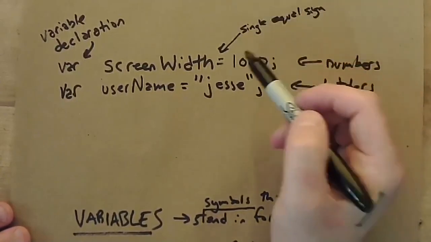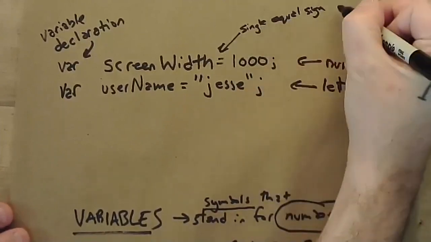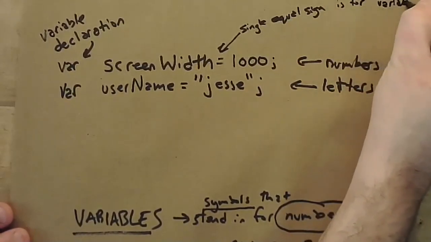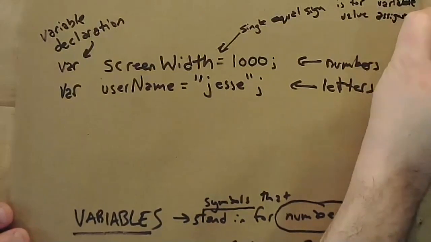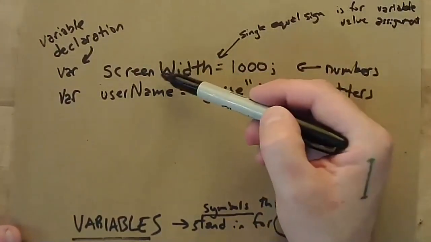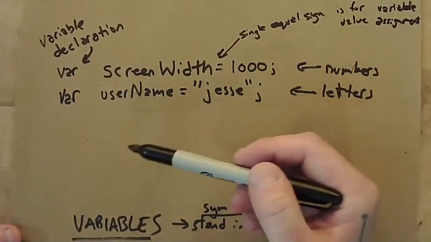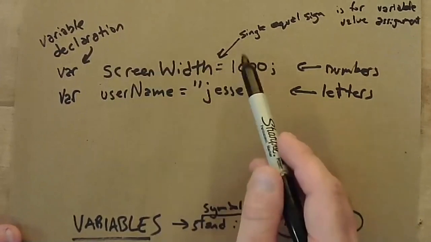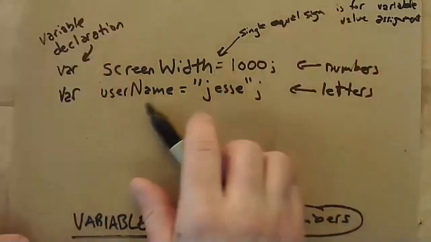This is used for variable value assignment, where we're telling this variable that it is standing in for this value. So now I can see screen width has a value of 1000 held within it. Username has the text Jesse.